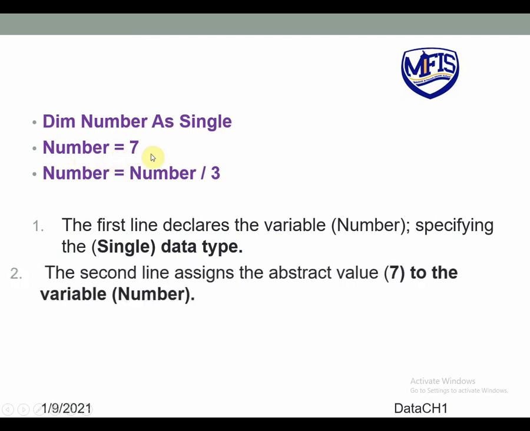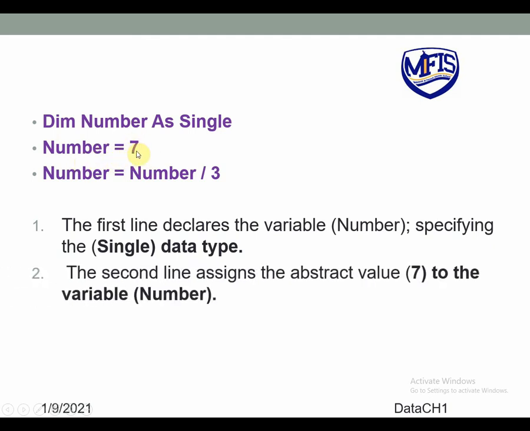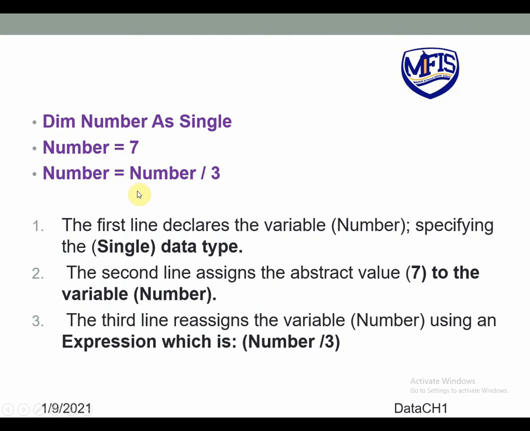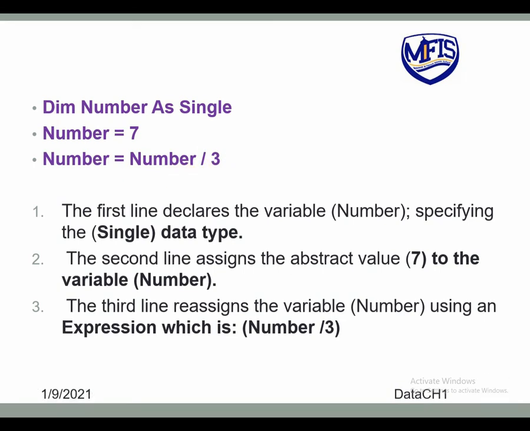It means that we assign a value 7 to the variable number. What about the third line of code? This is the abstract value. What about the third line? The third line means that we are reassigning value to the variable number, but by expression. After solving this expression, we will get the value of the variable number.